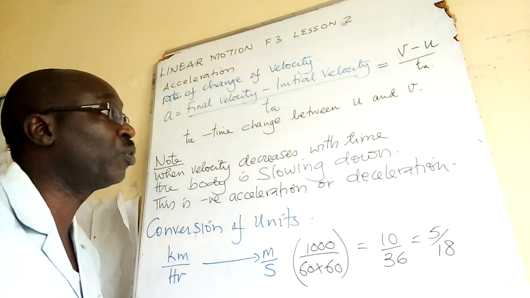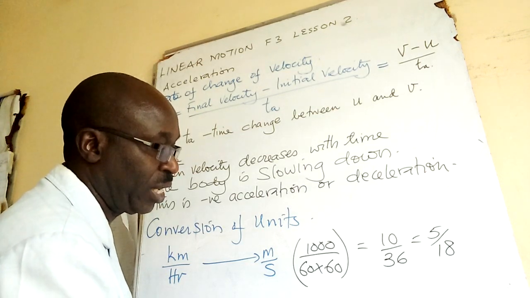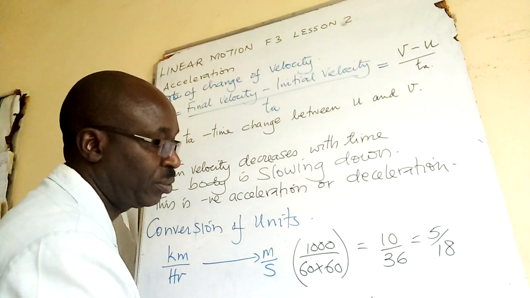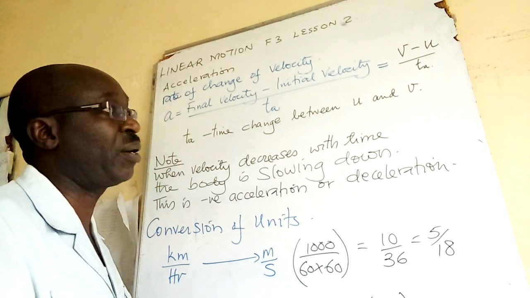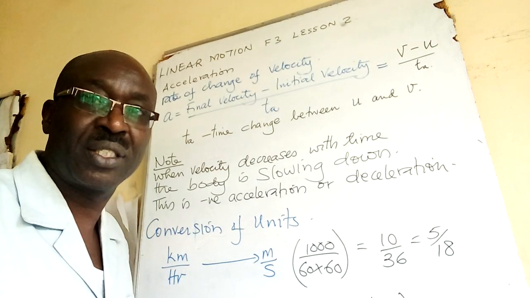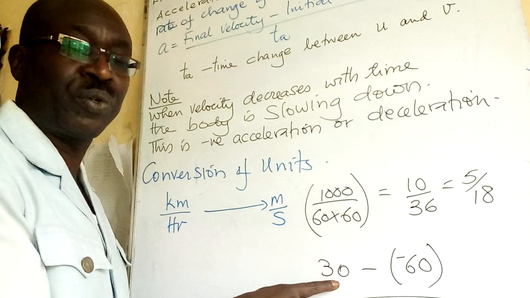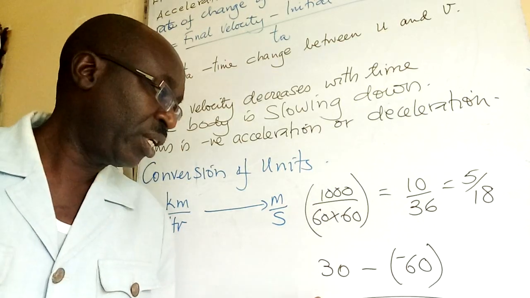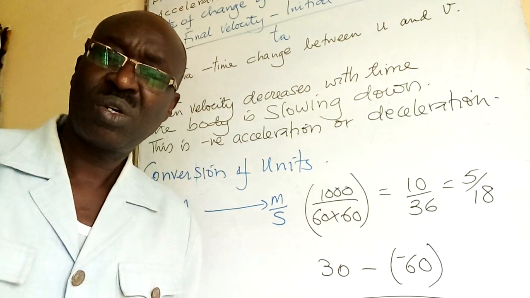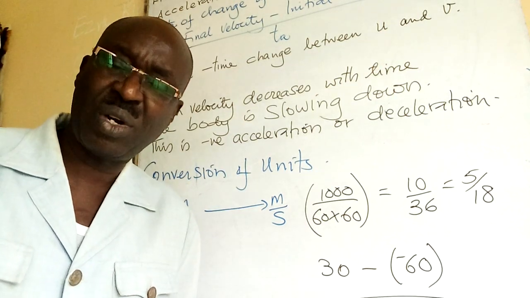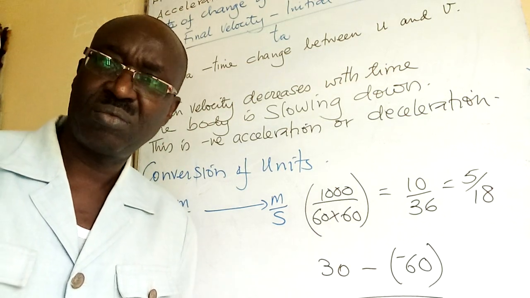If I write for you, for example, 30 minus... if I write this, don't read for me 30 minus 60. No, you are used to that. You can live with it. But it is 30 subtract negative 60.